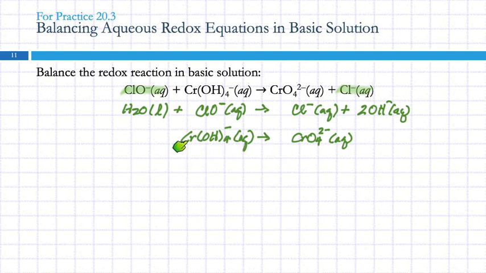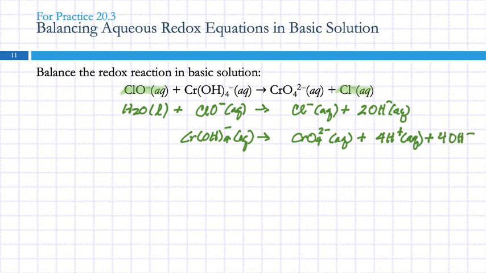I've got chromium, 4 oxygens, 4 oxygens. This side has 4 hydrogens. So I'm going to add 4 hydrogen ions to the other side. And I have mass balance. But it's a basic solution. So to the 4 hydrogen ions, I need to add 4 hydroxide ions.